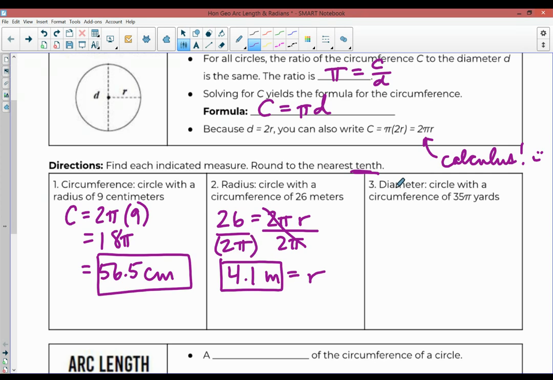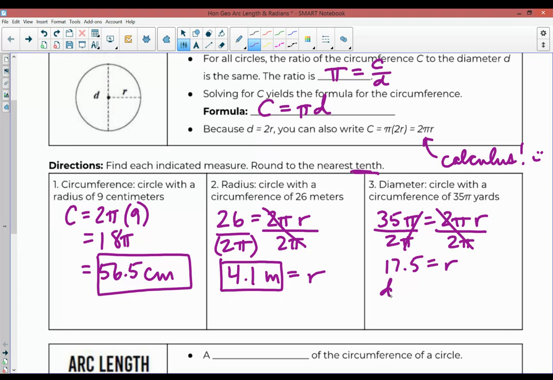All right, and now we're looking for the diameter if we have a circumference of 35 pi yards. So we'll have to solve for the radius first. That's 35 pi equals 2 pi r. If I divide both sides by 2 pi, I get 17.5 equals r.